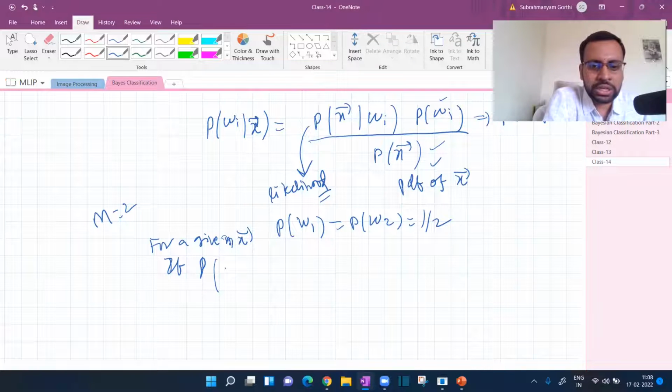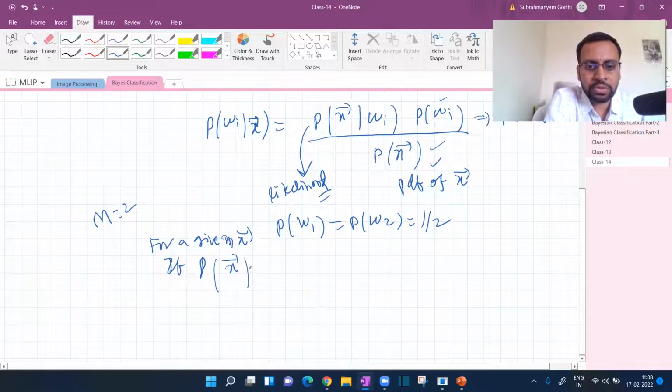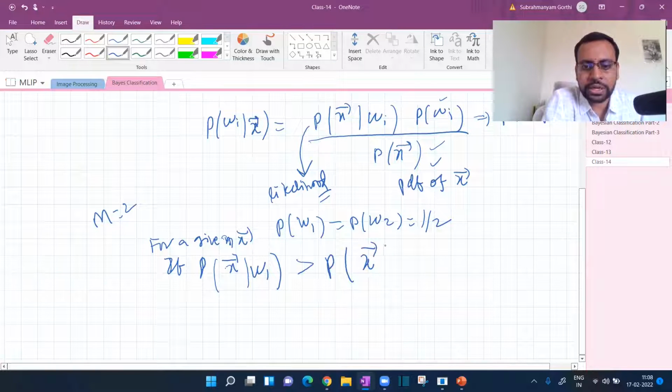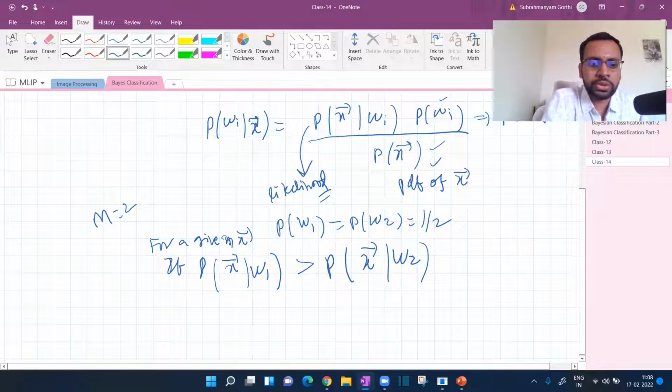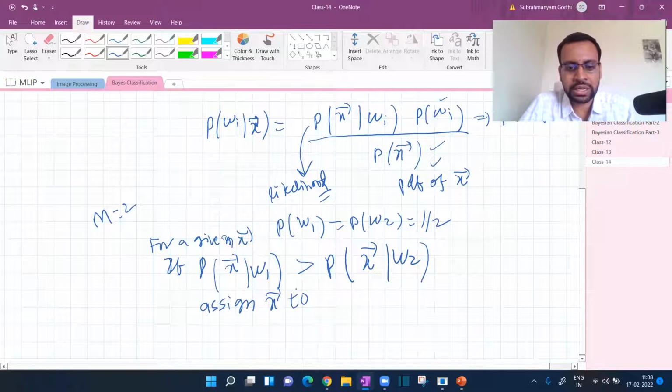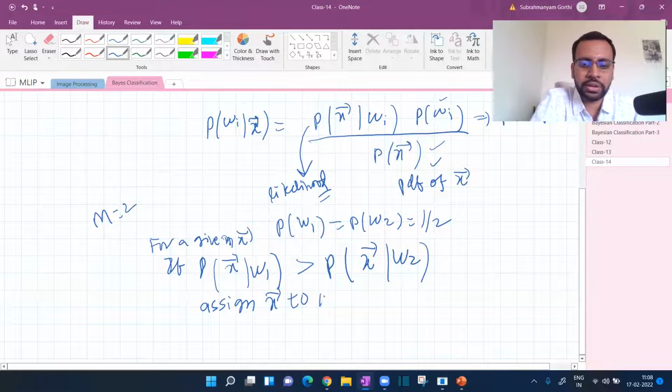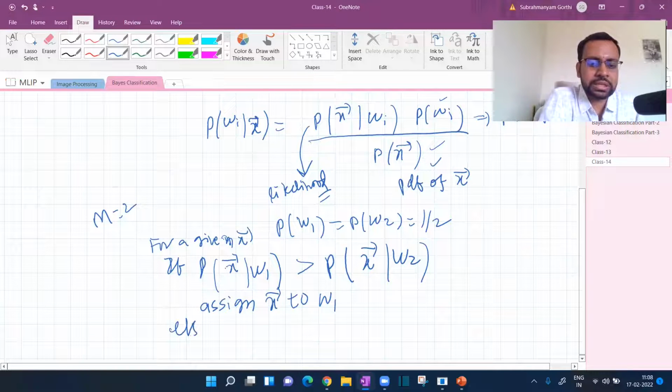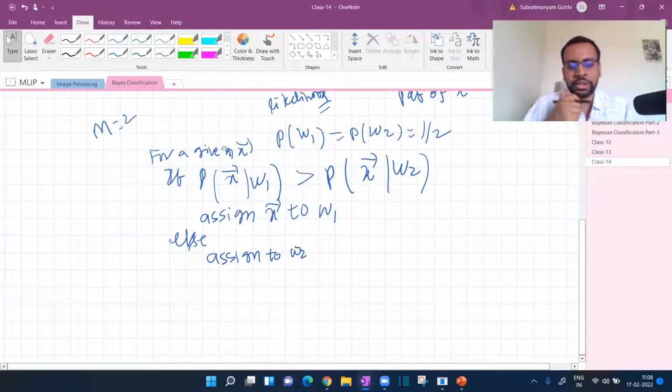If probability of x bar given omega 1 is greater than probability of x bar given omega 2, you assign x bar to omega 1. Else you assign it to omega 2. That is what we discussed in the previous class.